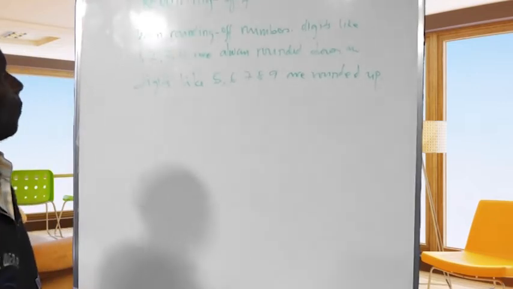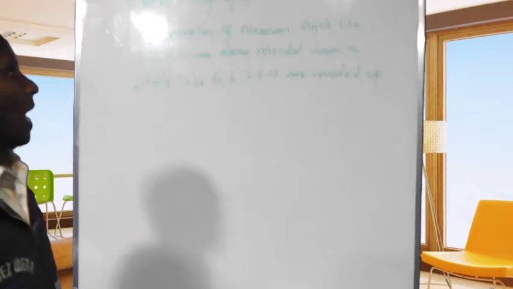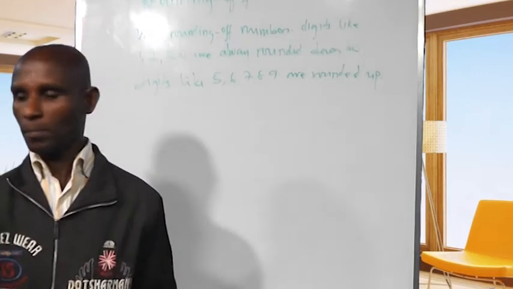When rounding off numbers, digits like 1, 2, 3, 4 are always rounded down and digits like 5, 6, 7, 8 and 9 are always rounded up.